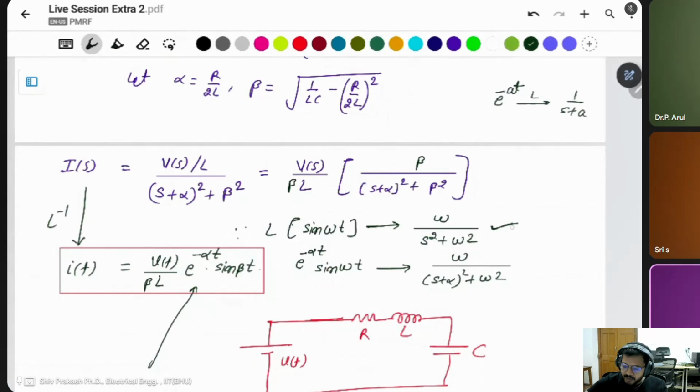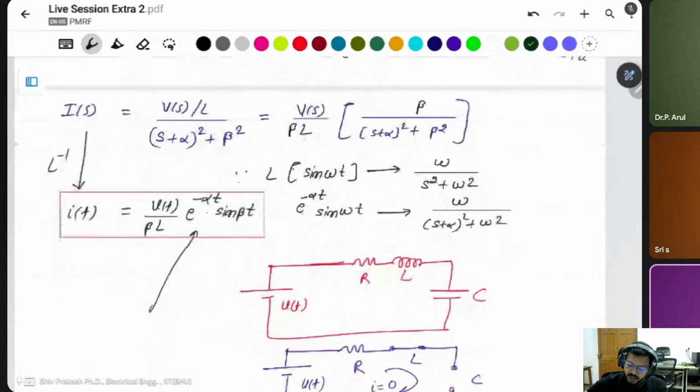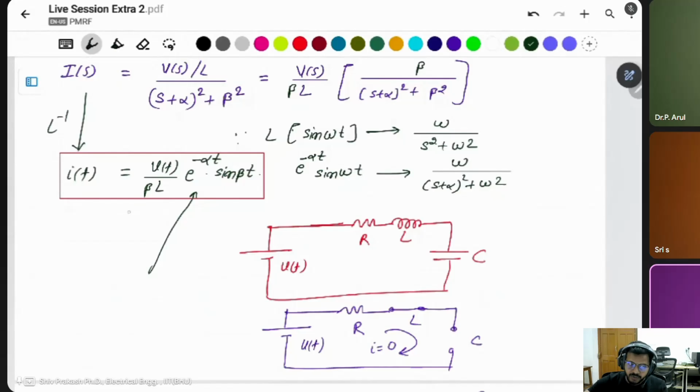If there is an alpha term, then simply use e power at, which is 1 by s plus a, in multiplication with the sin term. This is the current equation, in terms of alpha, exponential and sine.